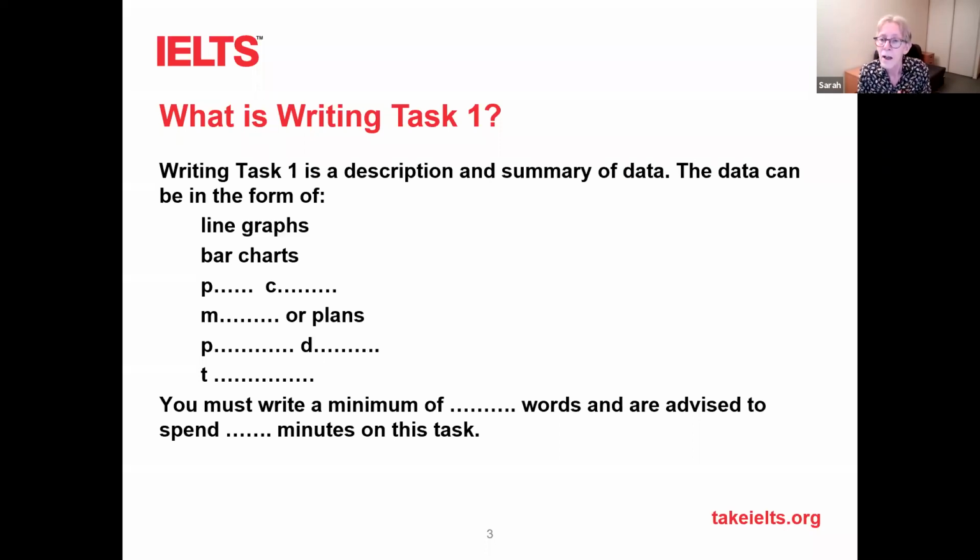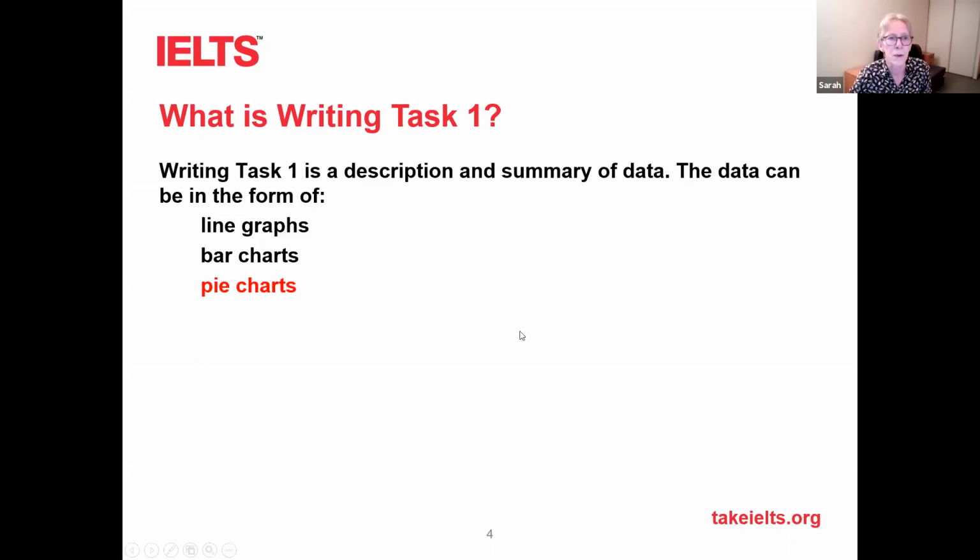Okay, and the number of words, how many words do you have to write? What's the minimum? Yeah, everybody seems to know that. And how much time are you advised to spend? Yes, no, it's 20 minutes. Okay, so a lot of you know quite a lot about it. Let's just put that in.